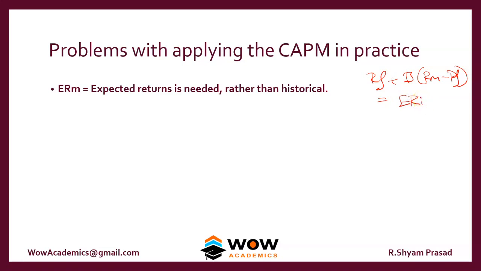What we are computing is the expected return rather than the actual return. The RM here is itself expected, not historical. Historical you can find from a database, but expected is something you expect in the future. So how do you forecast that? That itself is a problem.